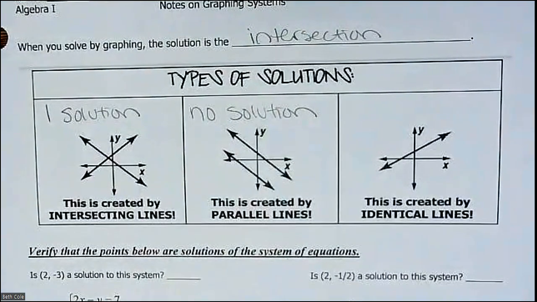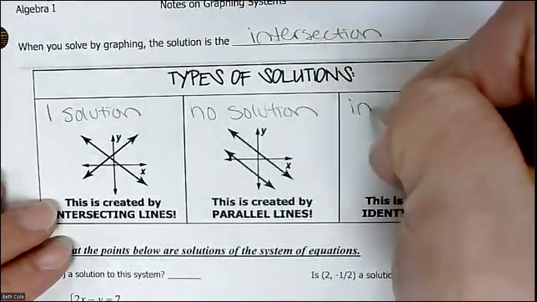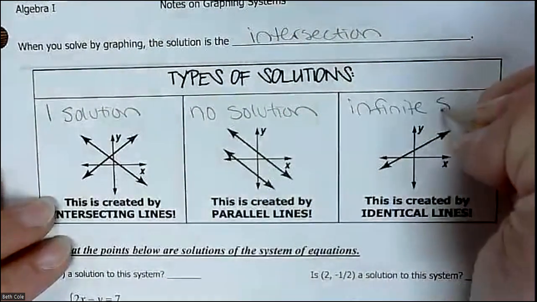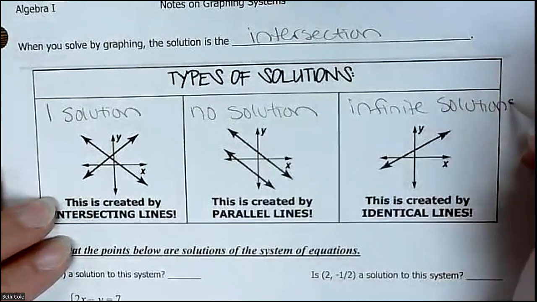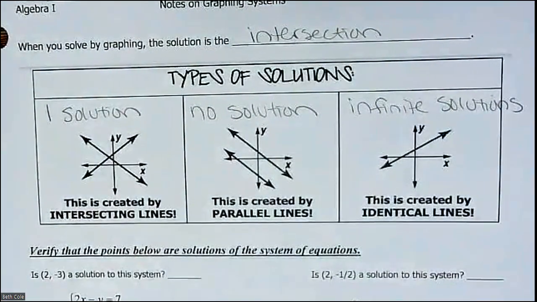Good. And the last one looks like one line, but it's two lines directly on top of each other. So they intersect everywhere. So infinite solutions, or infinitely many solutions. Some people will write IMS for infinitely many solutions. But anyway, infinite because the two lines are right on top of each other.